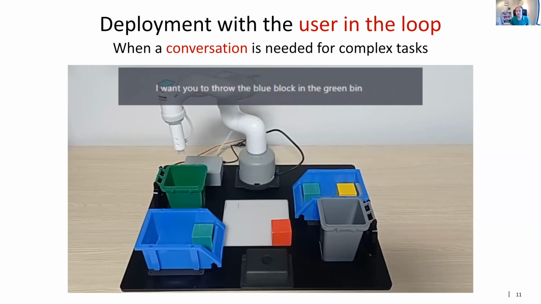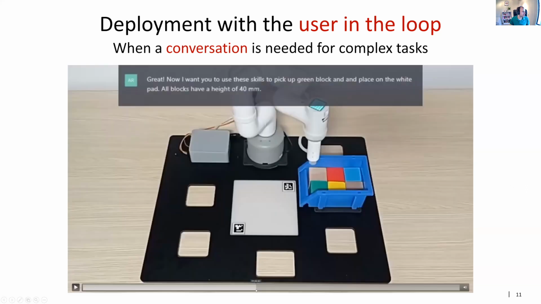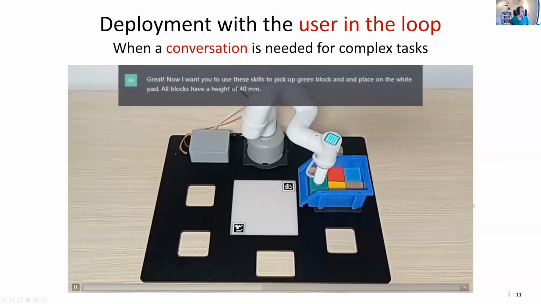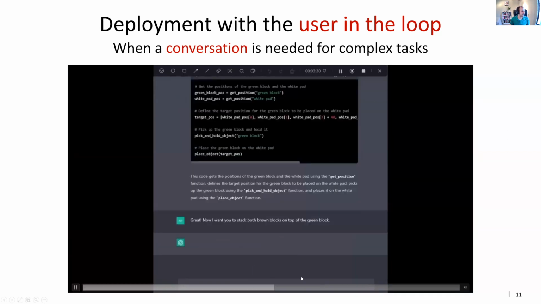It's able to use all the functions we defined in that low-level API library. We had functions like turn on your suction cup or go to position, things that are very, very simple. We do a few trials here, basically putting something on the mat.